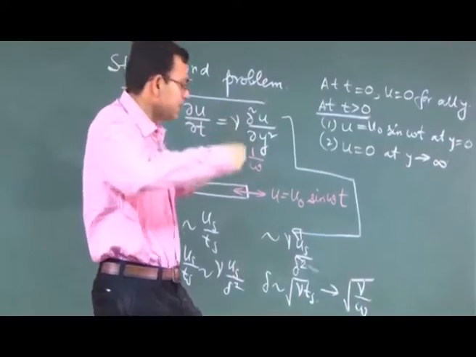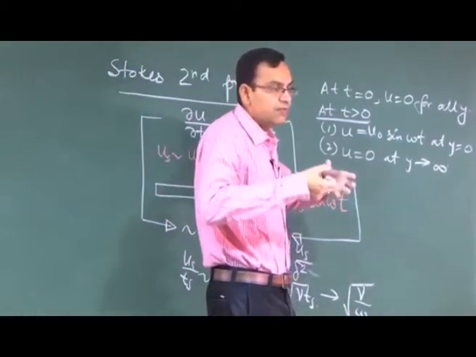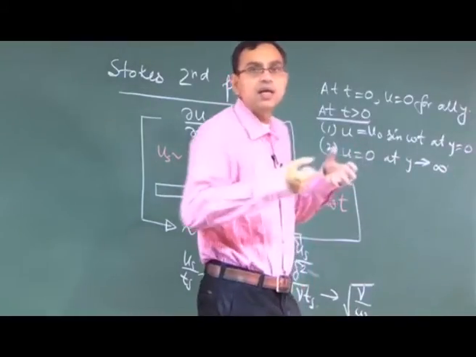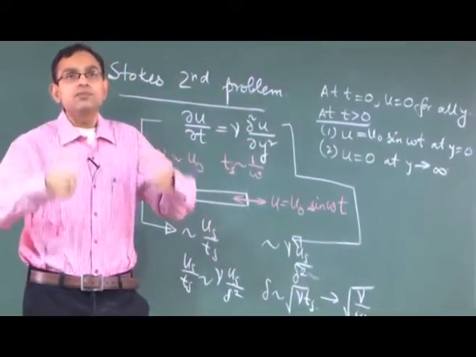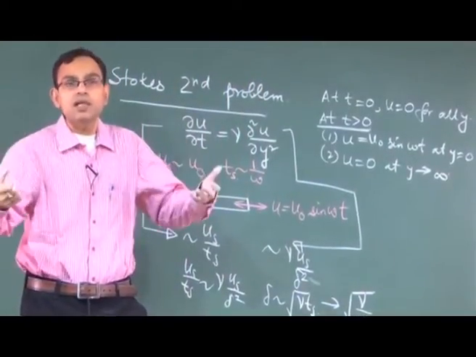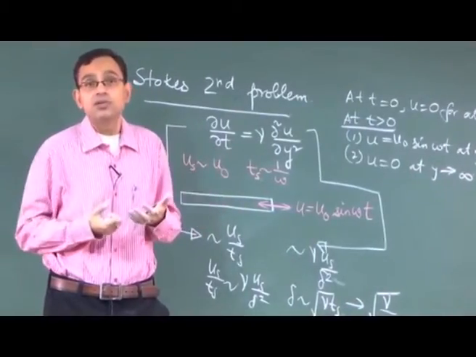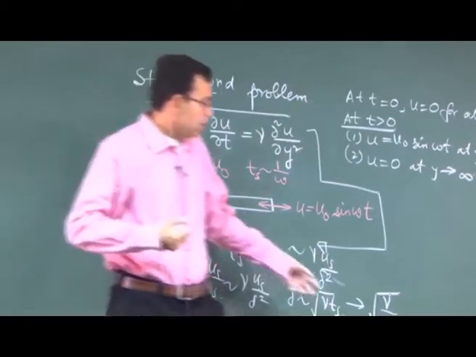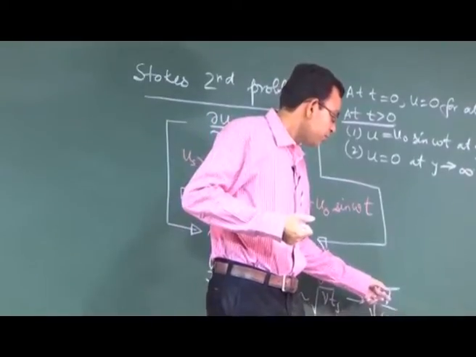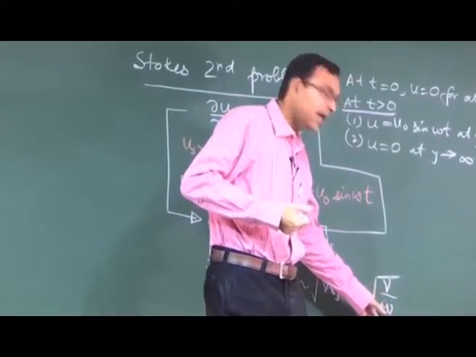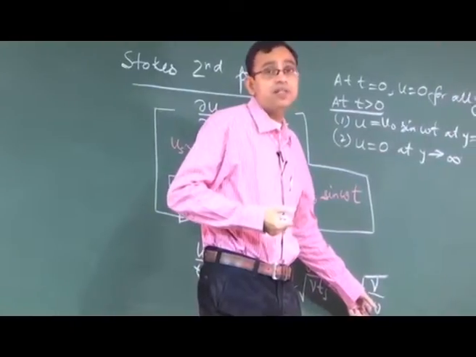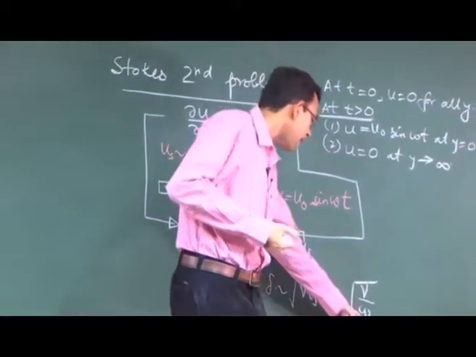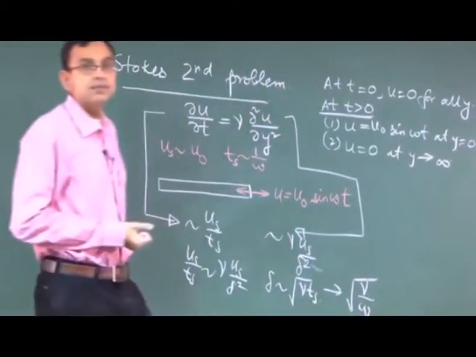So you are repeatedly changing the plate movement, which means the fluid is not getting enough opportunity to digest the change. It is like somebody being fed one food after another after another. The person has to digest the food and assimilate it, and only then will the effect of the food come. So this poor fluid, if it is forced with a high frequency, will not have sufficient opportunity to digest that change. So, for high omega the delta will be less.